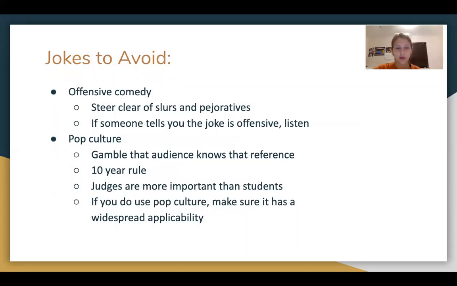And now some jokes to avoid. You always want to avoid offensive comedy. Always steer clear of slurs and any other offensive rhetoric. Never use those in your speech. If you think it could be perceived as offensive and somebody tells you it's offensive, that is the line.